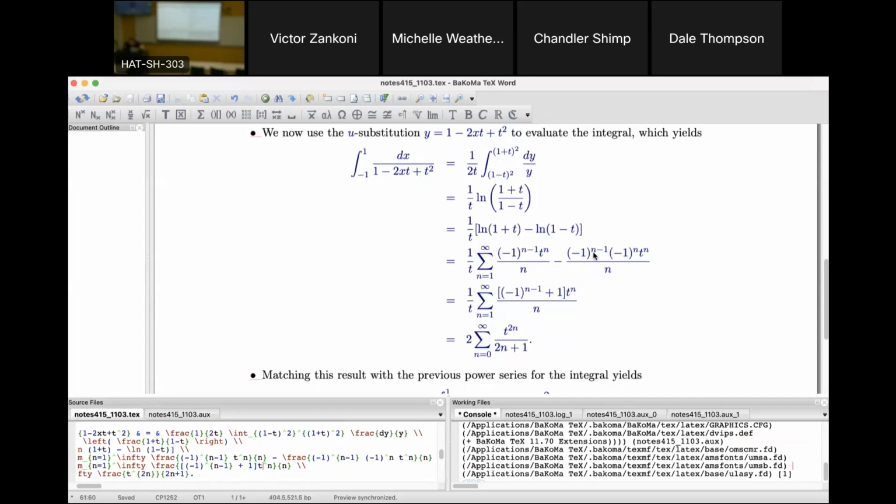All right, and over here I have minus 1 to the n minus 1 and minus 1 to the n. This has minus 1 raised to 2 consecutive powers. This product is going to be equal to minus 1. But then I have a minus, so I get a plus 1 here.